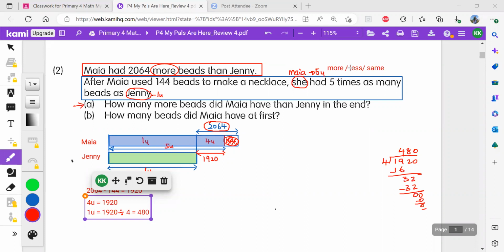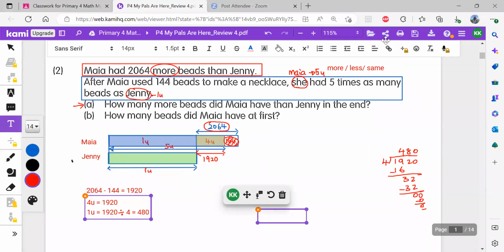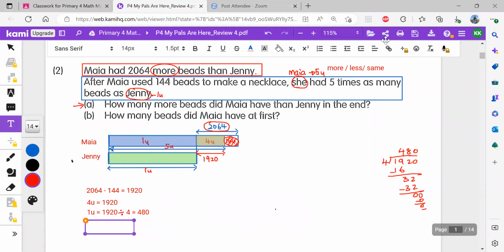So how many more we will be looking at is this part here, which is the extra part, which is 1920. So for part A, it is simply 1920.